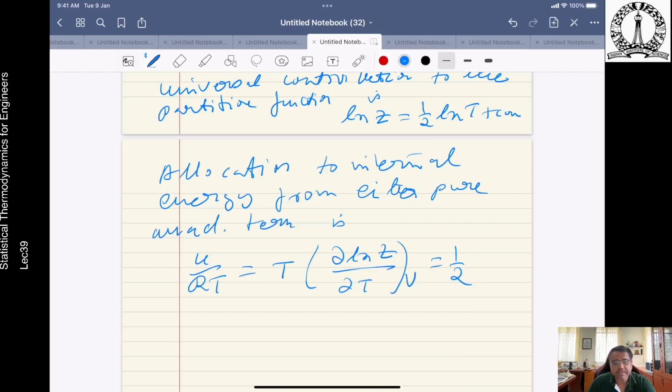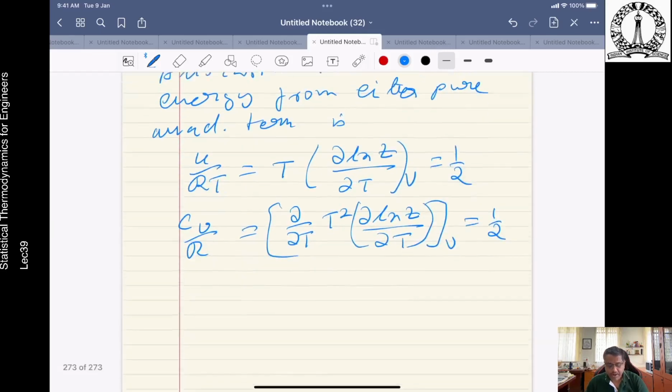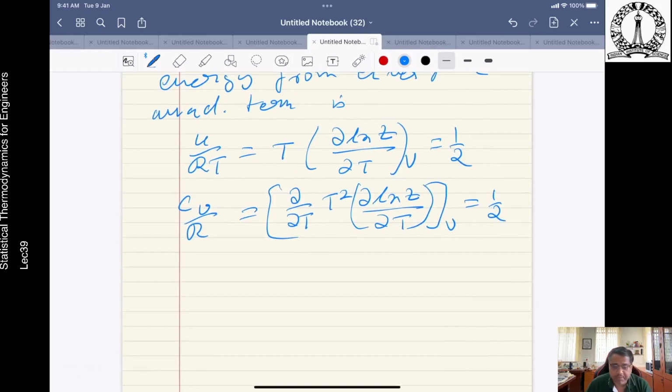Similarly, CV by R is also equal to half.